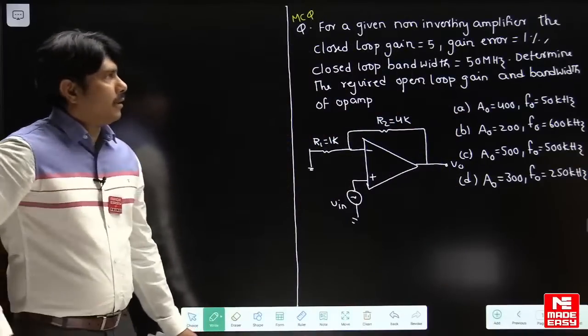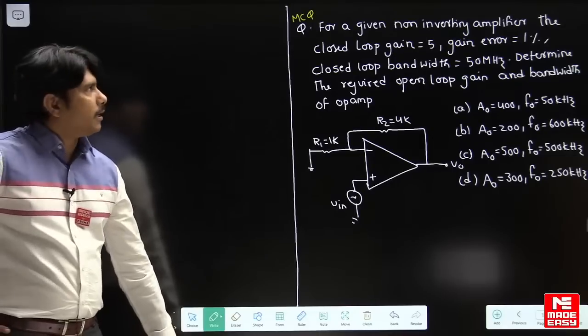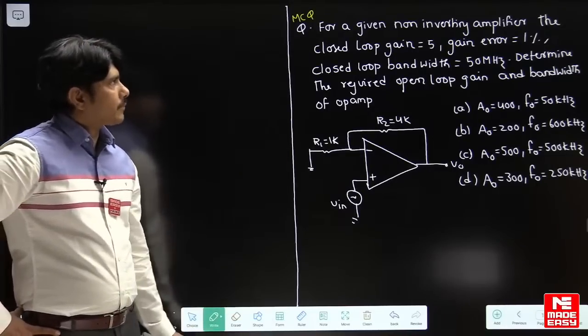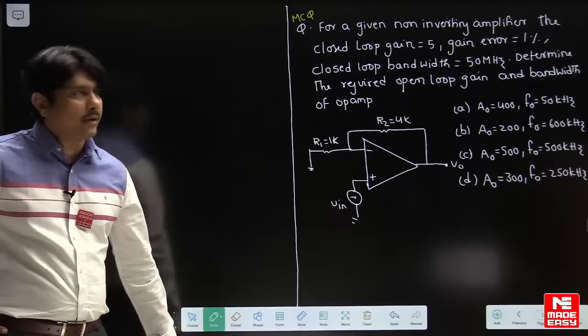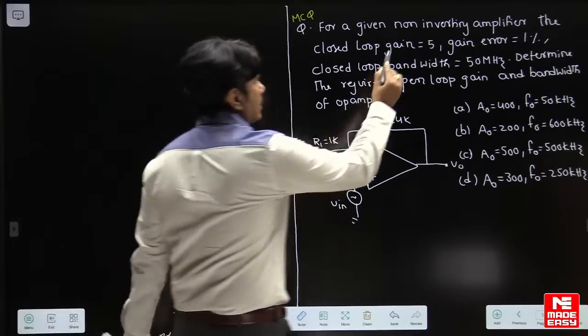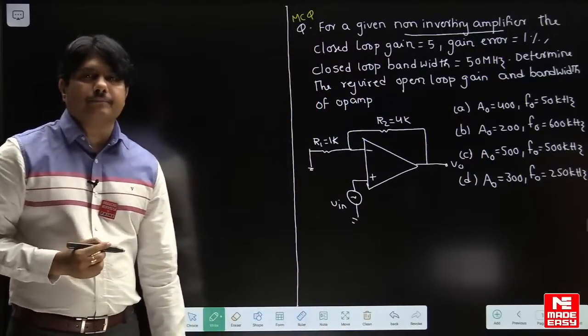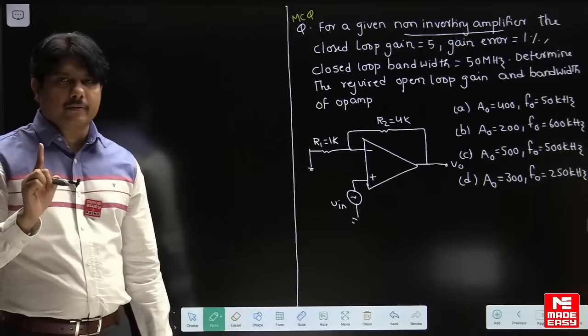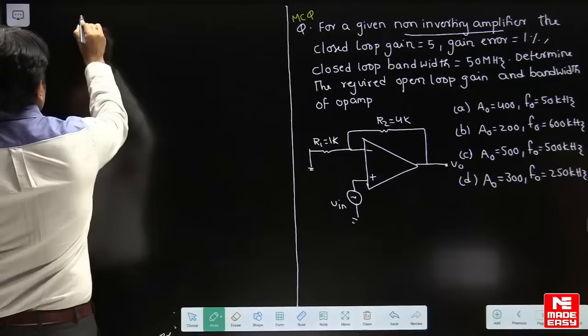Let's see one more logical, typical question we can expect. See here properly, for a given non-inverting amplifier, the closed loop gain is 5. First point, you should be conscious here.